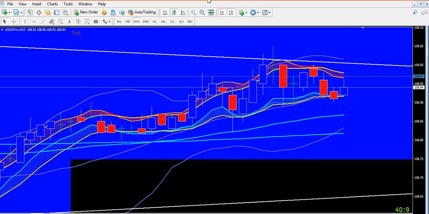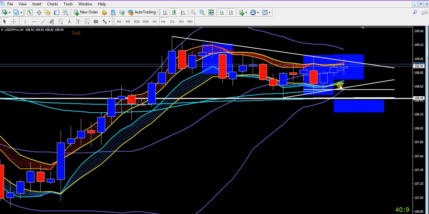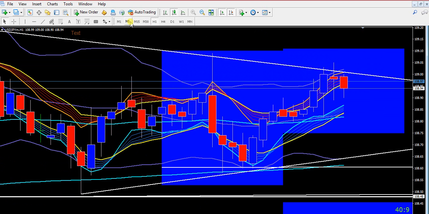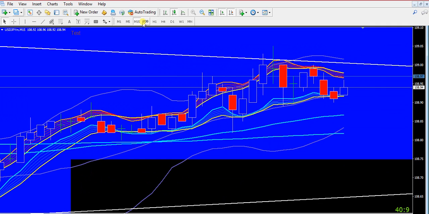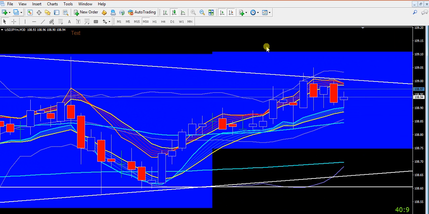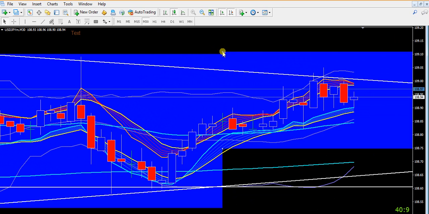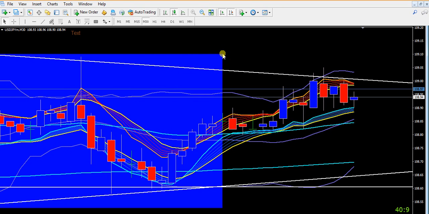But I don't like selling right now, because price is still above the middle Bollinger Band, and still above the moving average in the 4 hour time frame. So for me, I would like to only buy, and buy in the lower time frame.